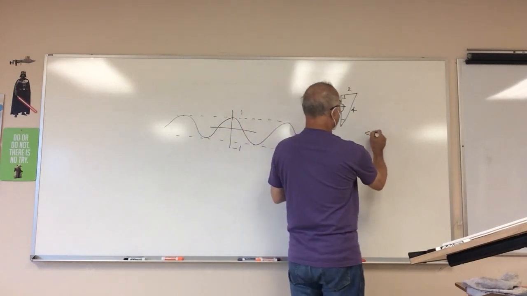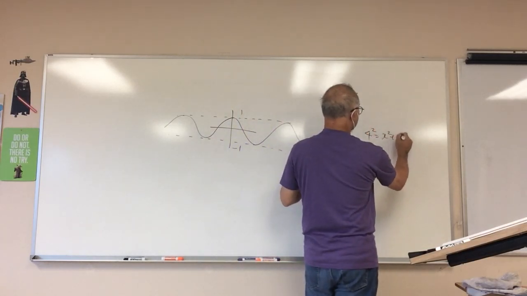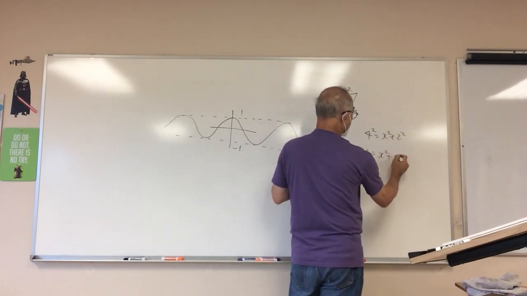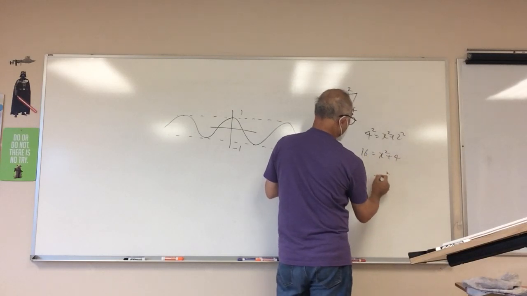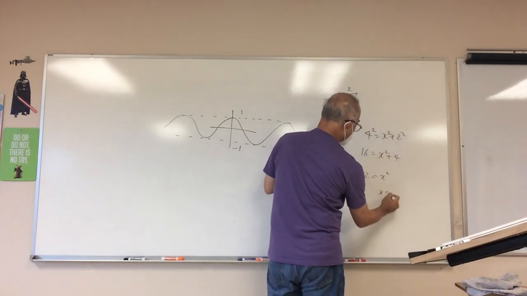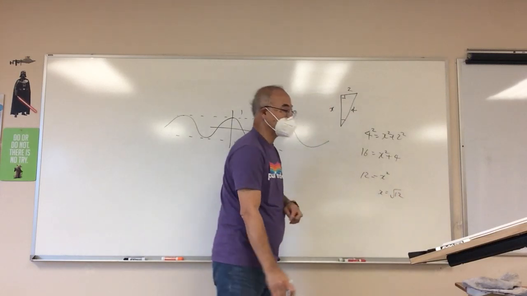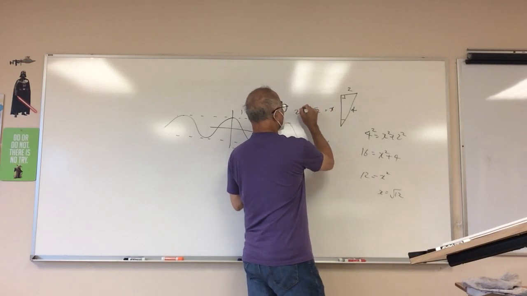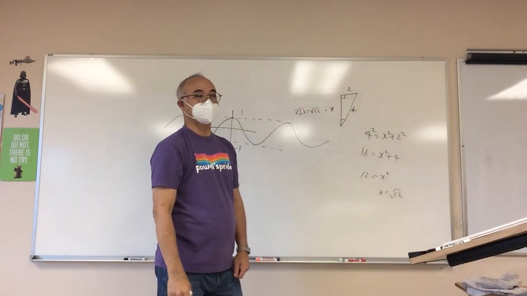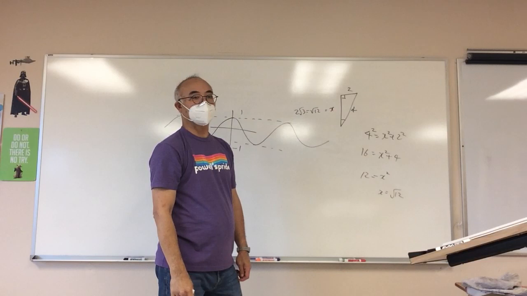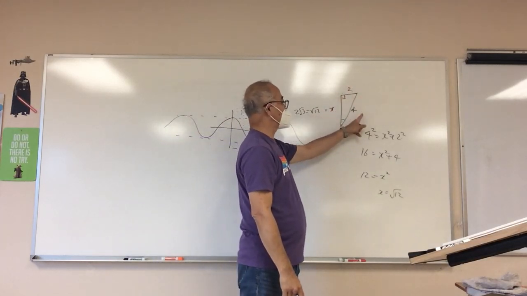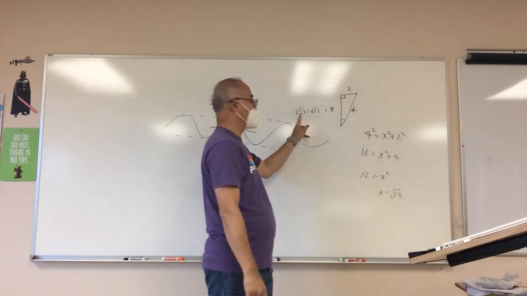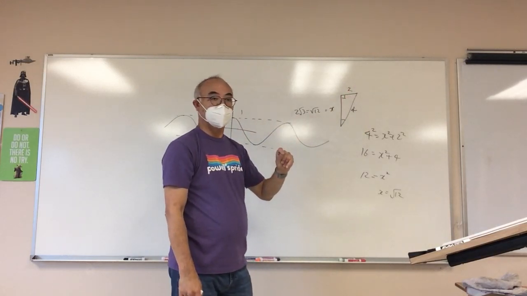So, 4 squared, x squared, 2 squared. Does this look so familiar? 1, 2, root 3; 2, 4, 2 root 3, right?